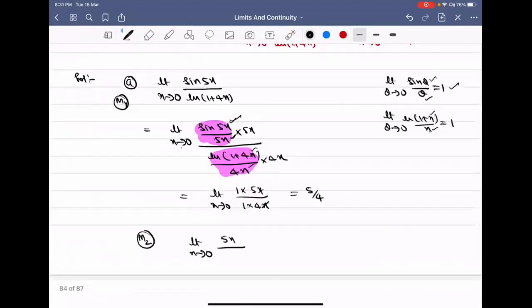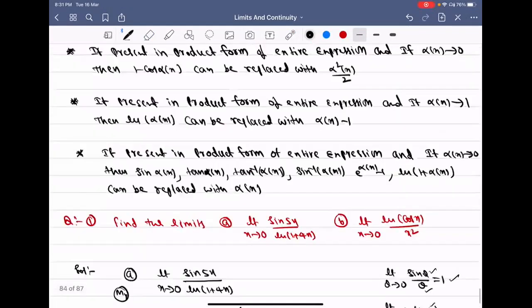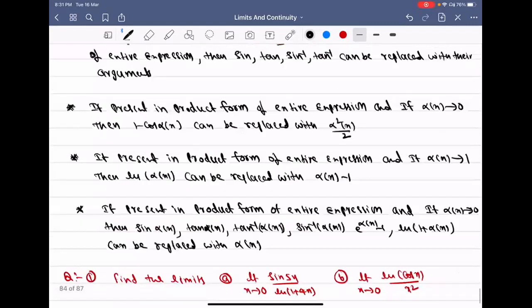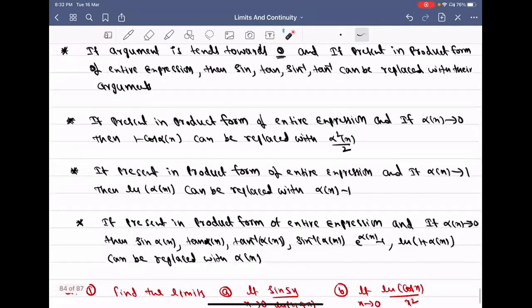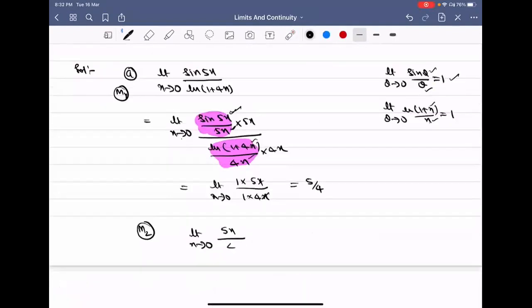Now ln of 1 plus x can be replaced with x. Therefore, here directly 4x. The x cancels, and the answer is 5/4. Yes or no? You can solve the problem easily with the help of infinitesimals.